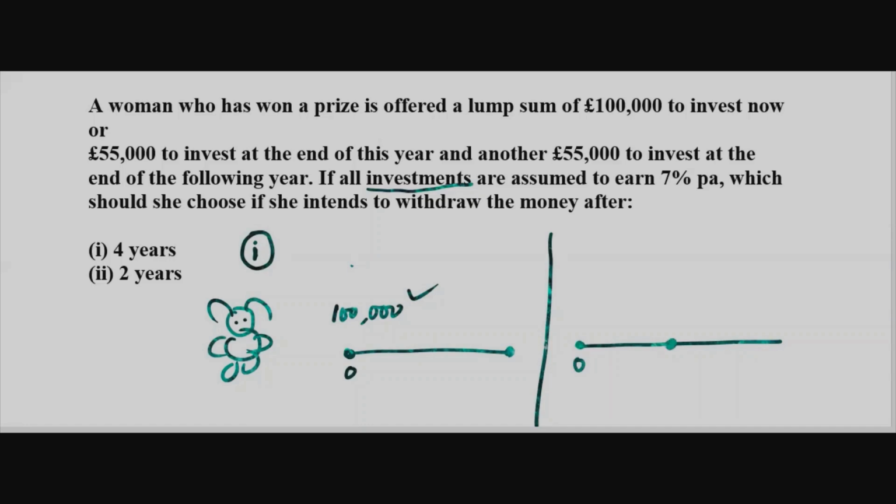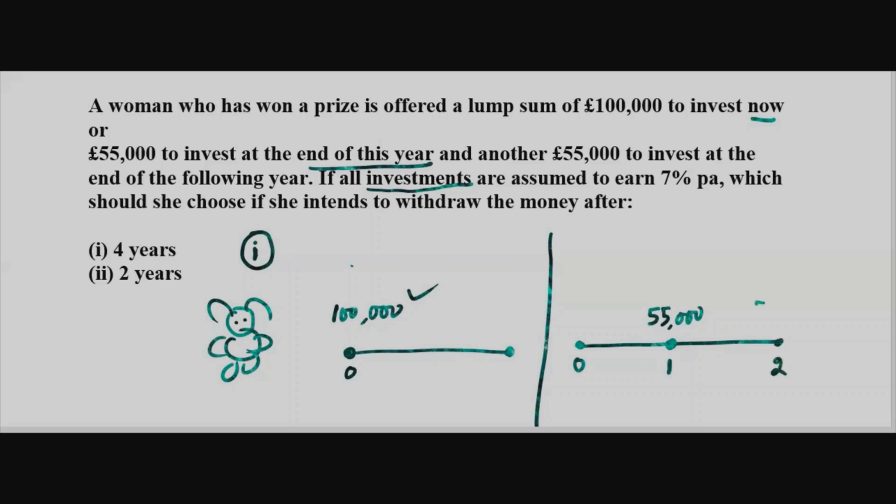This is the start, now, which is normally 0. At the end of this year, 55,000, and another 55,000 to invest at the end of the following year.